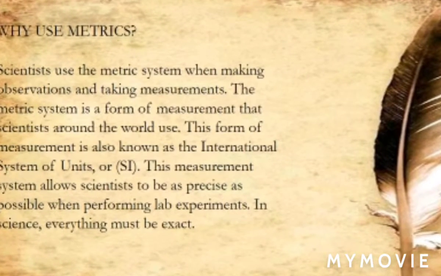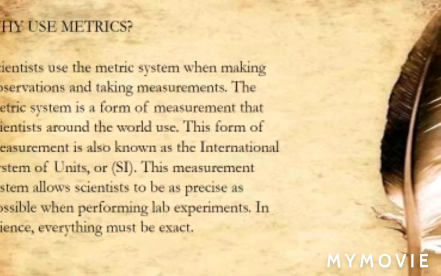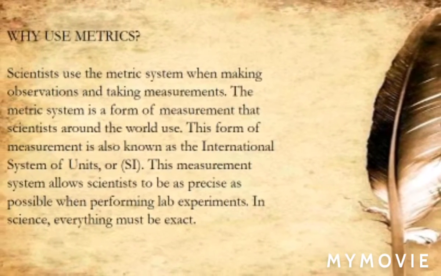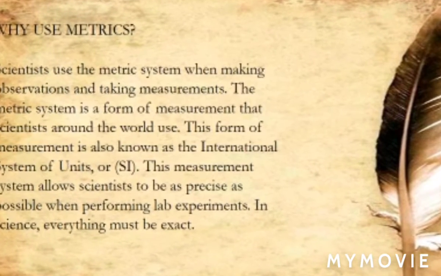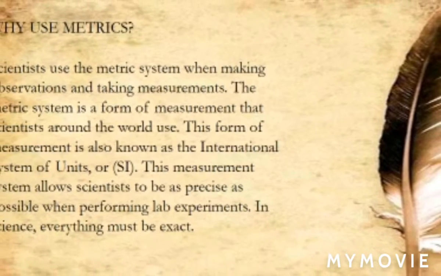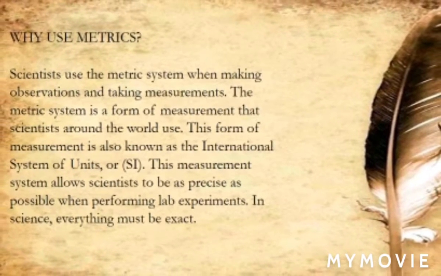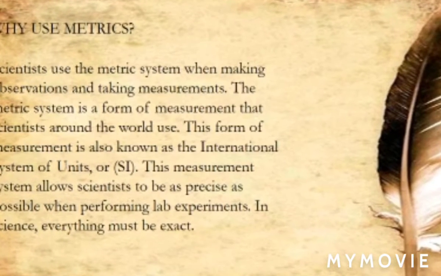So, why use metrics? Scientists use the metric system when making observations and taking measurements. The metric system is a form of measurement that scientists around the world use. This form of measurement is also known as the International System of Units or SI.